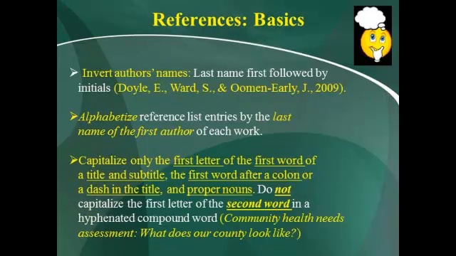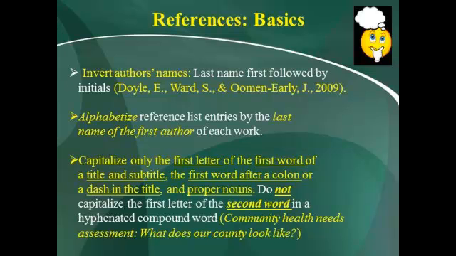Okay. You invert the author's last name. Obviously, in this first reference, this is Eva Doyle, Sandra Ward, I think it's Ward, yeah, Jody Oman Early. Okay, you don't start with Eva Doyle, although you do because her last name comes first, but Jody Oman Early would not be second.